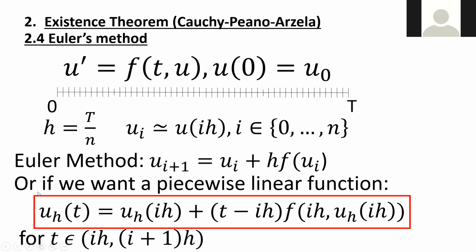All right. So we will define for each time step. So given a function f and an initial condition, we construct a continuous function, piecewise linear, by this formula, right?